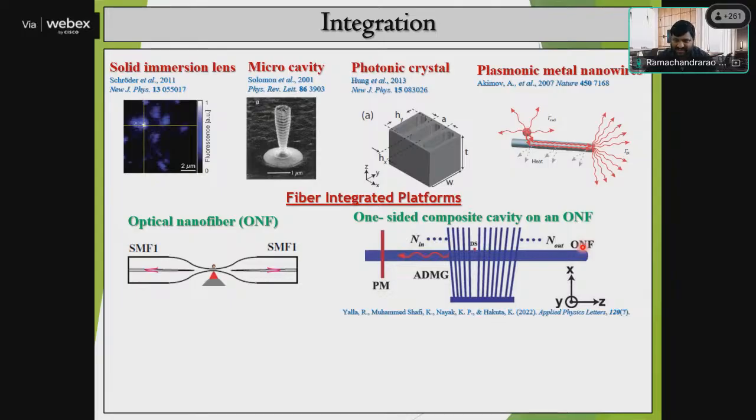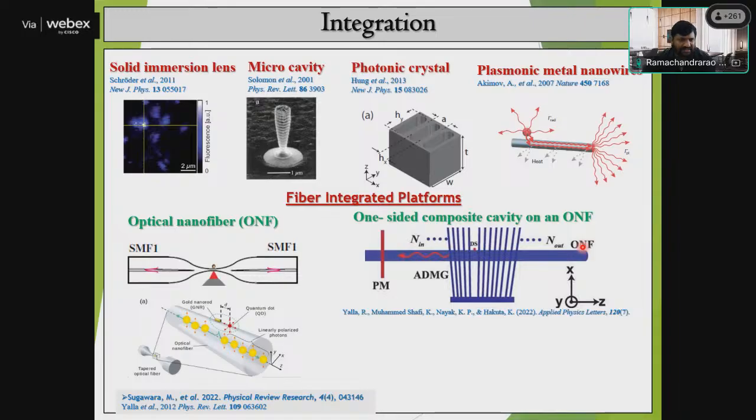Recently, not only cavity structures, but also gold nanorods, because they are plasmonic metal structures. You can have gold nanorods on the fiber along with the quantum dot, so that you can manipulate the single photons more efficiently.